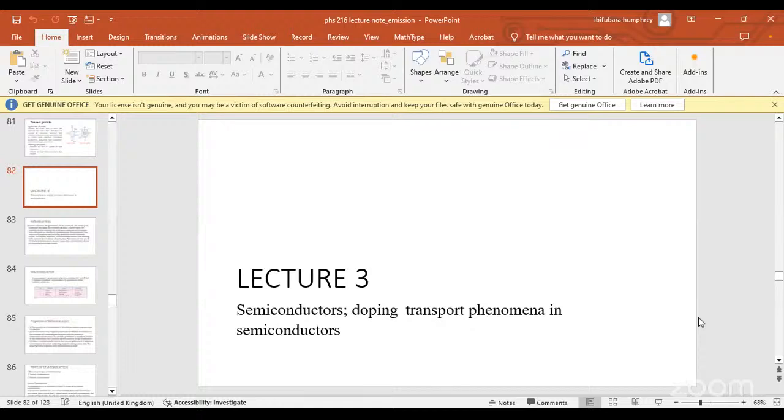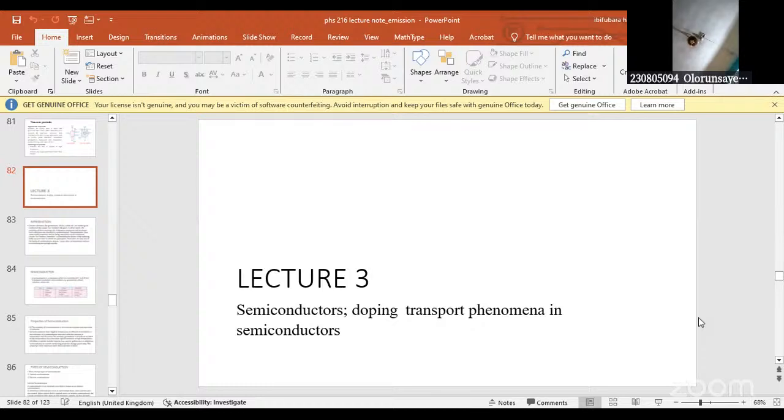So, what is the advantage of triode over diode? Then tetrode over triode and pentode over the others. That triode has an additional electrode called a control grid.